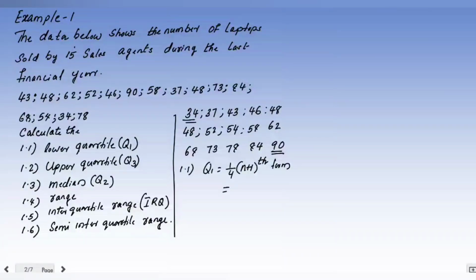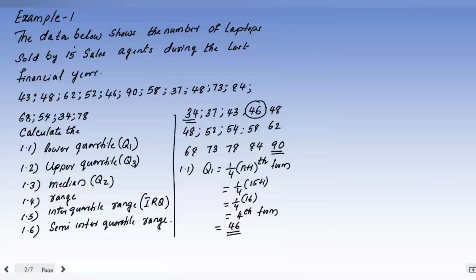So 1 over 4 times (15 plus 1), which is 16, gives the 4th term. You have to count it out: 1, 2, 3, 4. So 46 is the answer. 46 is Q1. So we got the first quartile or lower quartile.